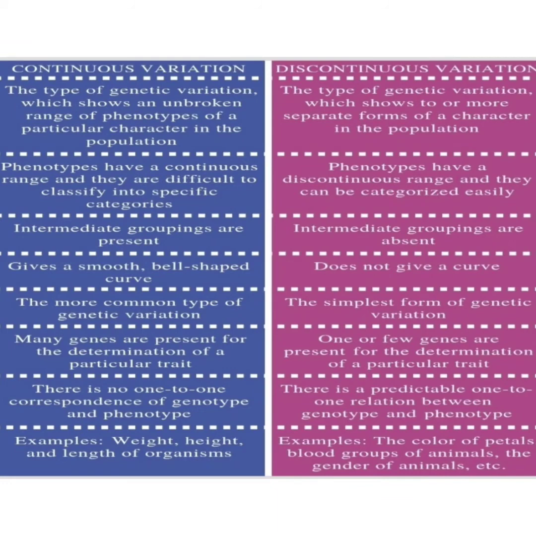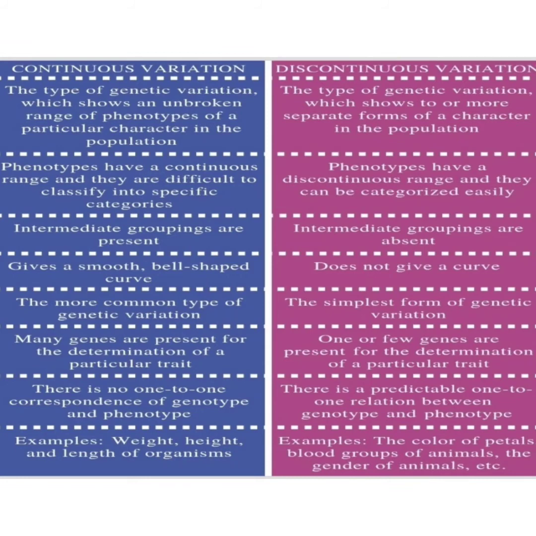The more common type of genetic variation is continuous variation. The simplest form of genetic variation is discontinuous variation. Many genes are present for the determination of a particular trait in continuous variation, whereas in discontinuous variation, one or few genes are present for the determination of a particular trait.